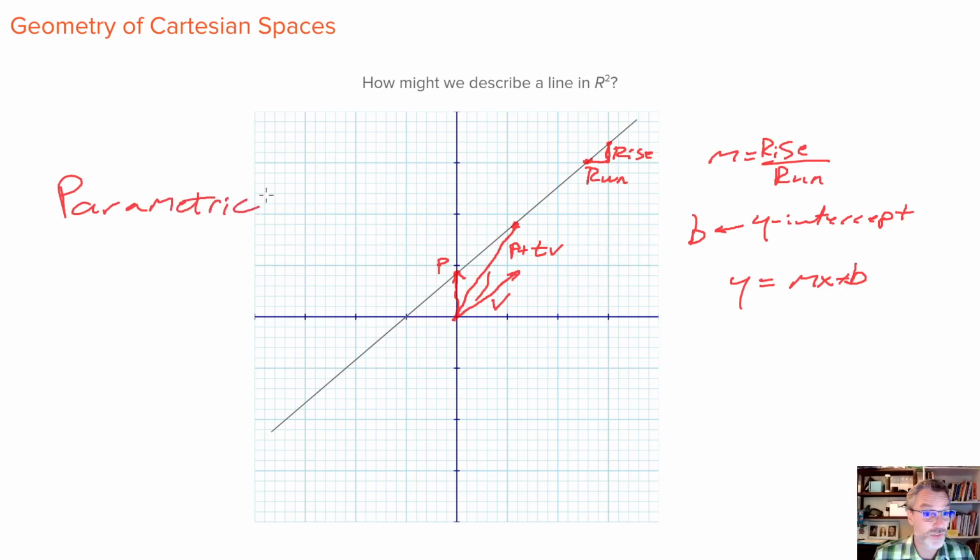And that's still not the only way we can describe a line. We might also pick a vector that's orthogonal to that line. Let's call it u. Then the line would be described in terms of a dot product. So if u is this orthogonal vector, I can write the line like this, being all points x and y that are orthogonal to u.